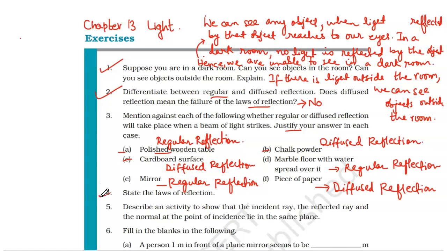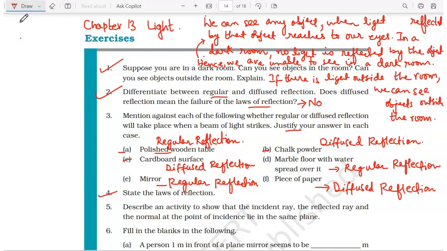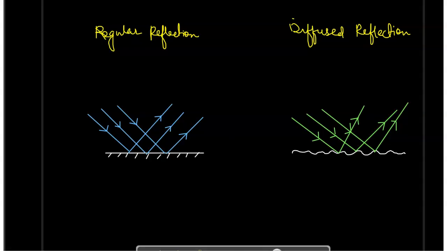Now, question number 4. State the laws of reflection. There are two laws of reflection. Let us quickly see. Laws of reflection.